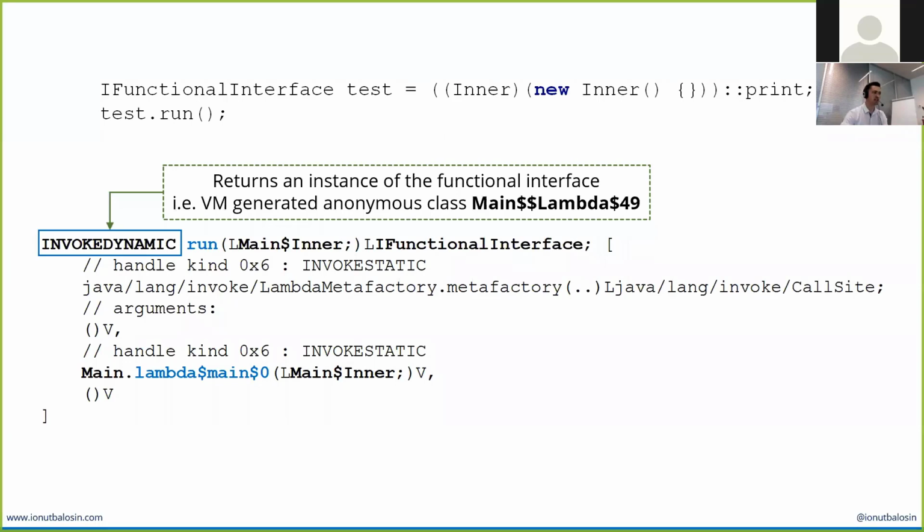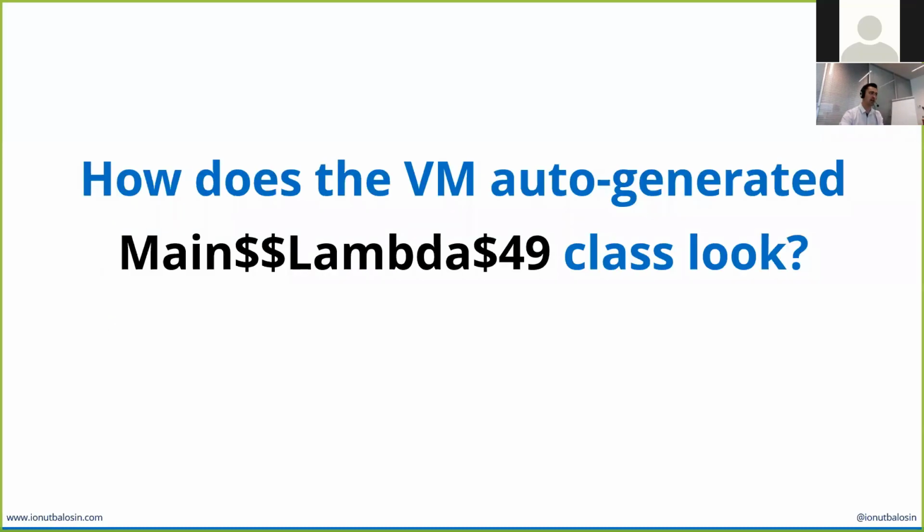Another thing regarding this invokedynamic is that when you hit the call site, when you actually trigger the invokedynamic, it generates an instance of a VM anonymous class, which is called Main$$Lambda$49. Basically, every time you use lambdas in your code, the VM generates such classes, $$Lambda with a counter.